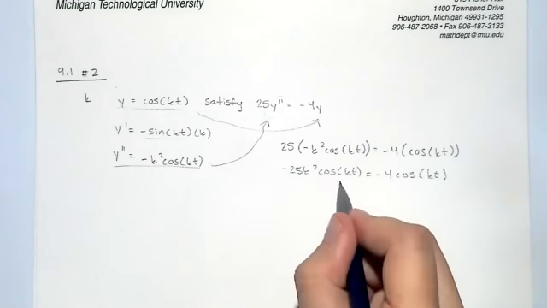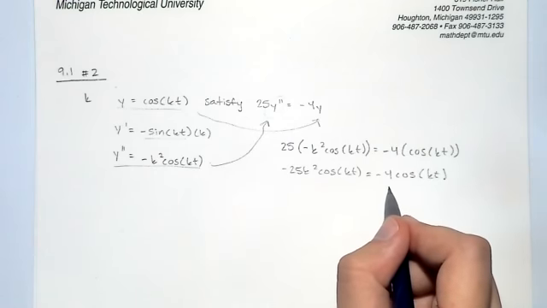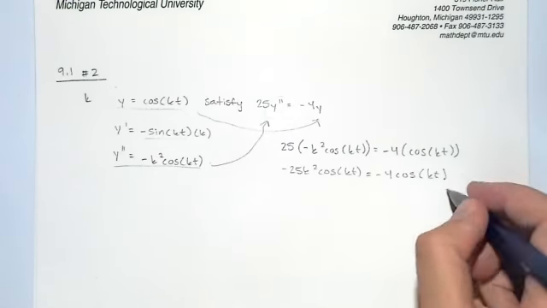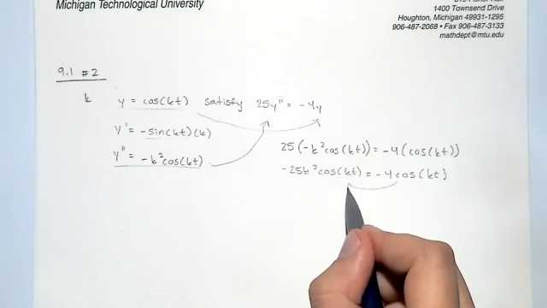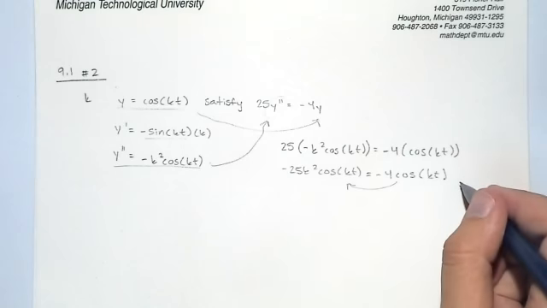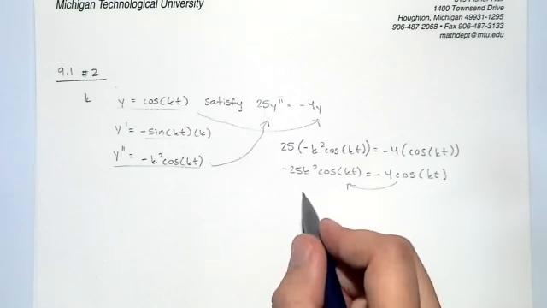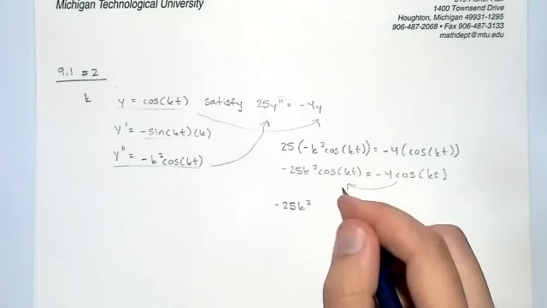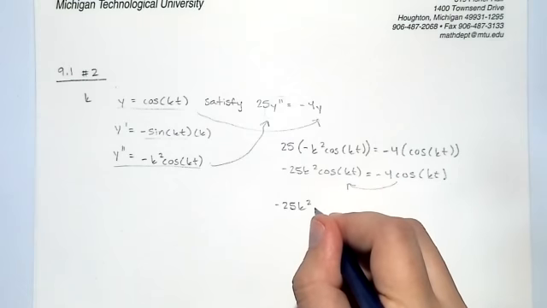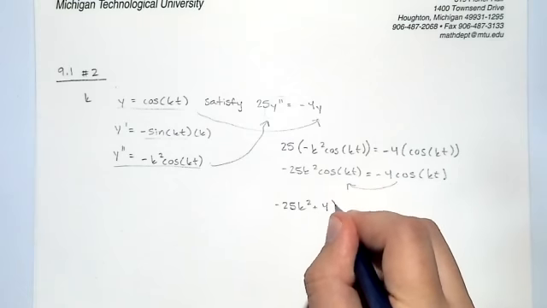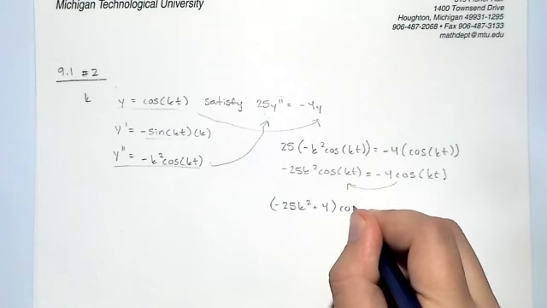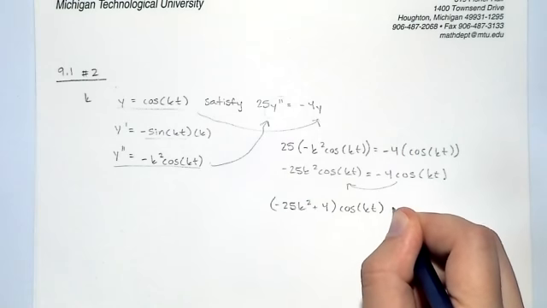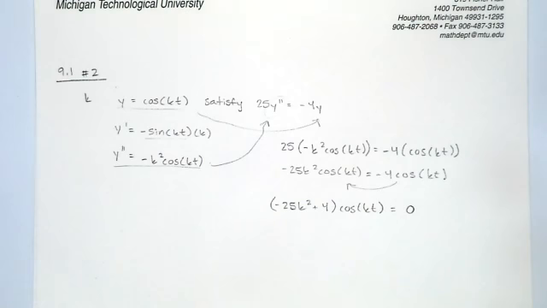Cool. So we want to manipulate this so it goes onto this side and have just an equation set equal to 0. So we have minus 25k squared plus 4, times a cosine of kt, is equal to 0.